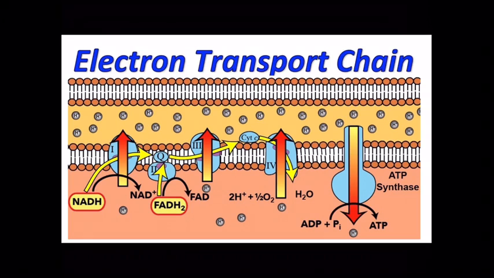And that pumping process is being fueled by the passing of these electrons from one of these proteins to the next. So that's all kind of the first part that's happening. And again, when you watch the animation, you'll see all that happening in action, and it looks kind of cool.